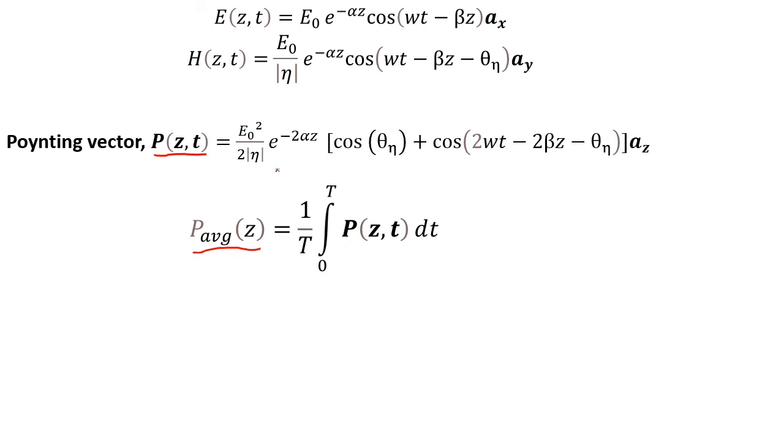Here you substitute this, and integrate with the limit 0 to T and divide by T. On doing this, you get P average of z. This is called the time average Poynting vector.